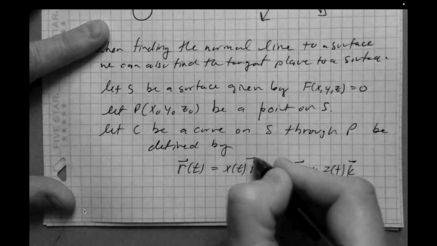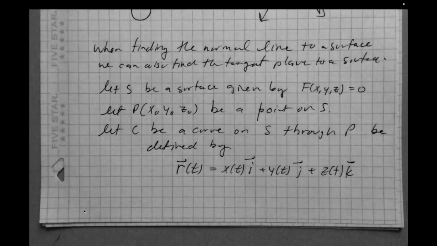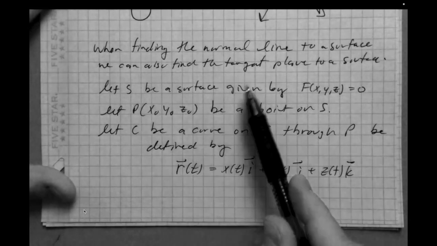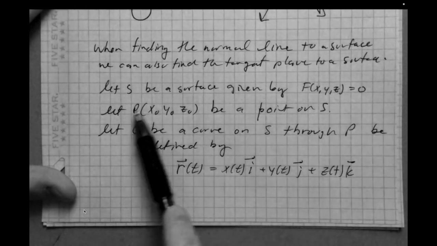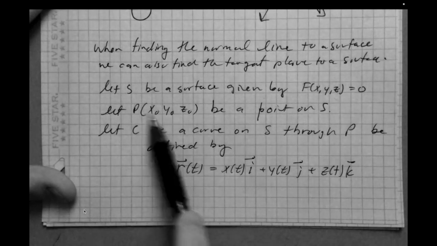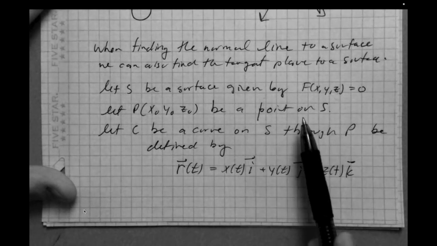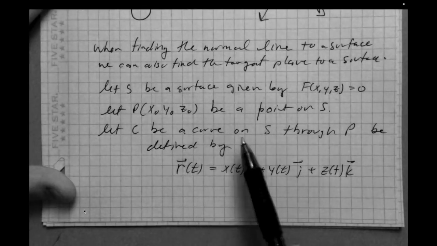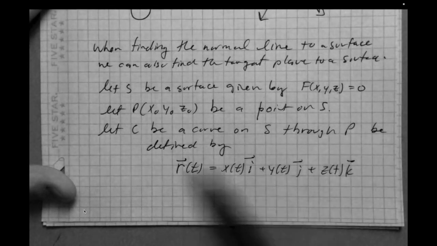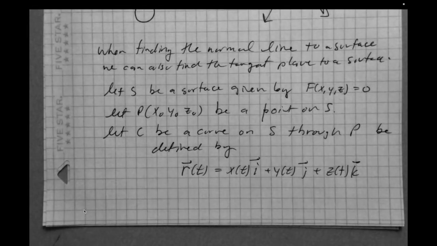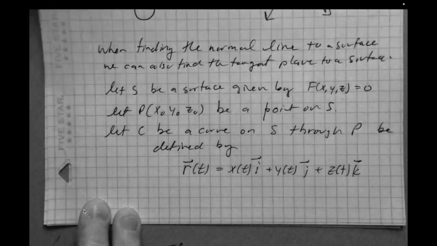All right, so we've got S, a surface given by this equation. P is a point on the surface. And C is a curve on the surface going through P, and this curve C has a vector valued function that defines it. All right, so that's the wind up.